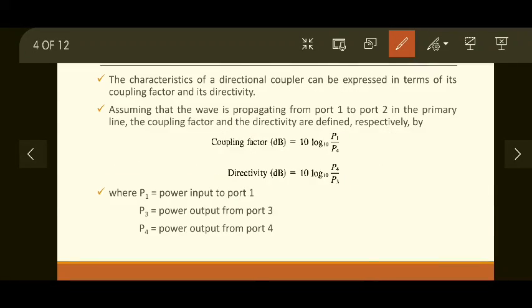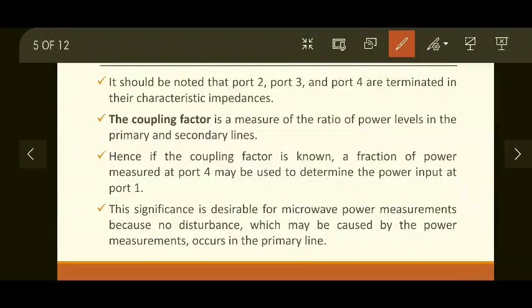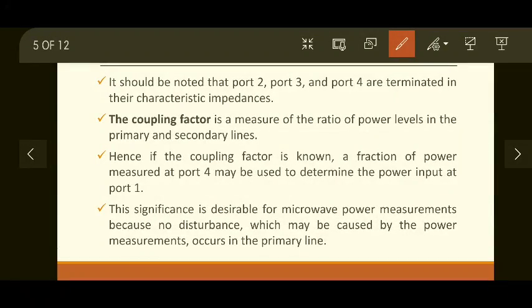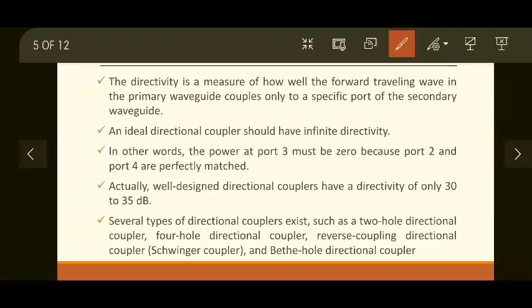Moving on. Now all the passive devices in microwave circuits are characterized by the S parameters, but before going to characteristics, the directivity, as we have seen, is a measure of how well the forward traveling wave in the primary waveguide couples only to the specific port of a secondary waveguide.